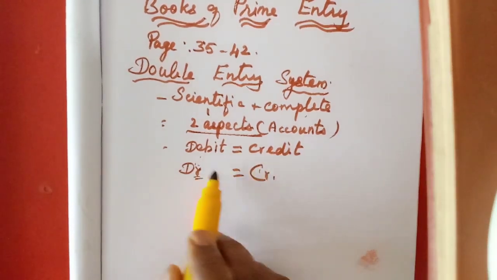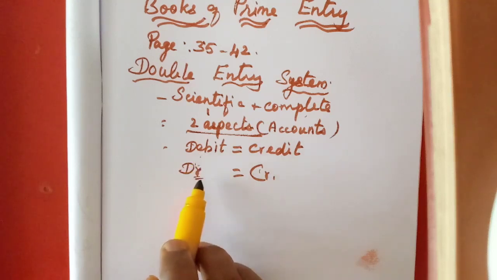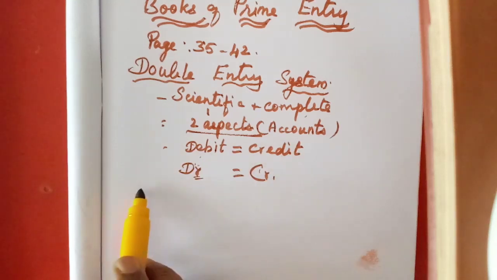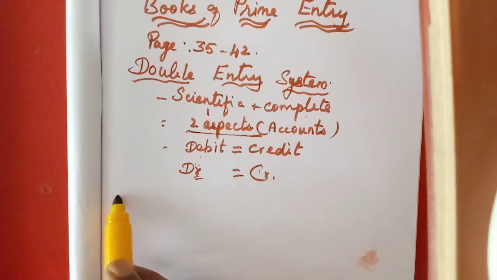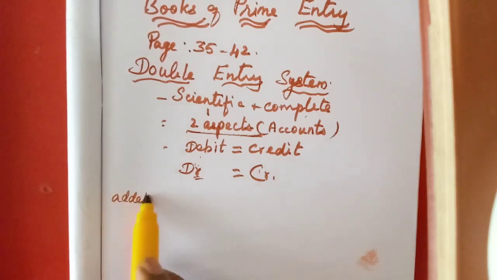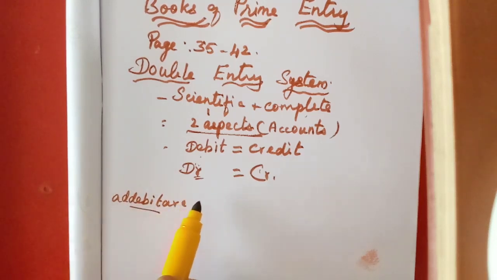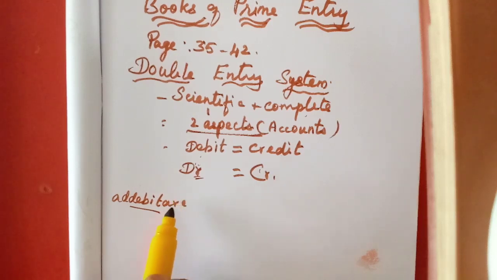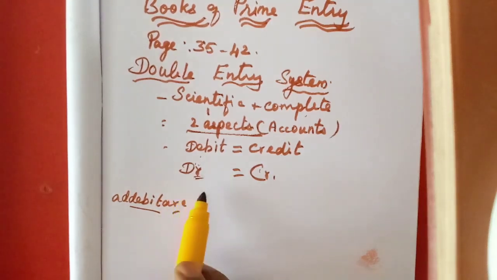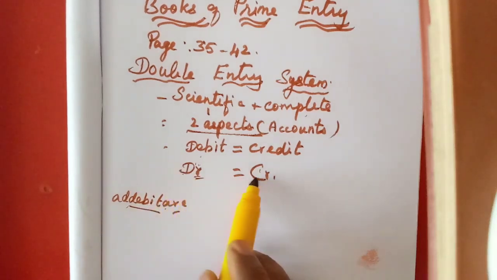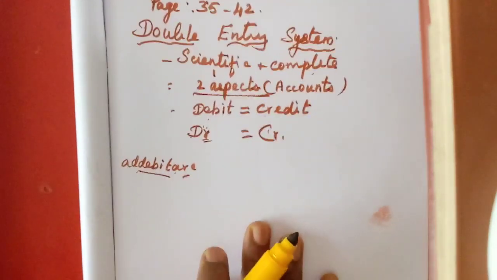Though we do not have an R in debit, we write this R because this word came from the Italian or Latin language, debitor. So that R is there, that's why they have used DR. Then credit is CR. It is written like this.